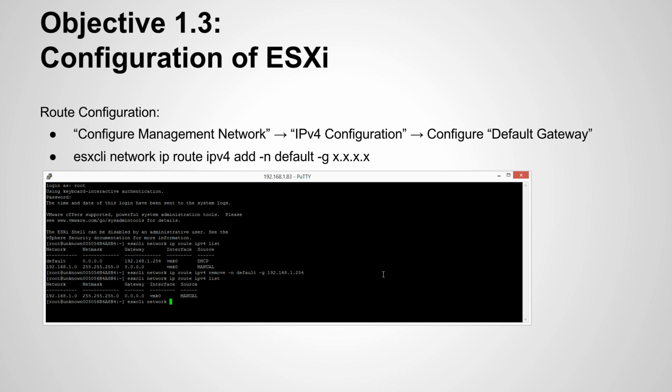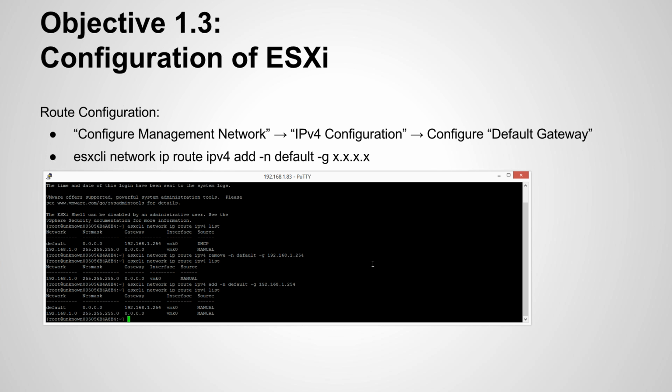Then to add it in case you're in a static IP environment, go back through to esxcli network ip route ipv4. Want to do the add command. This is going to be your default route, so name it default, and then give it your gateway. Boom, it's back.